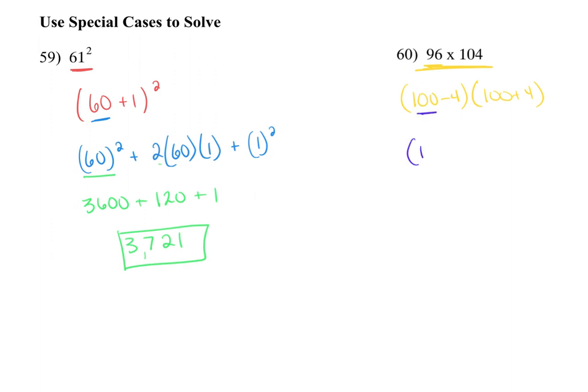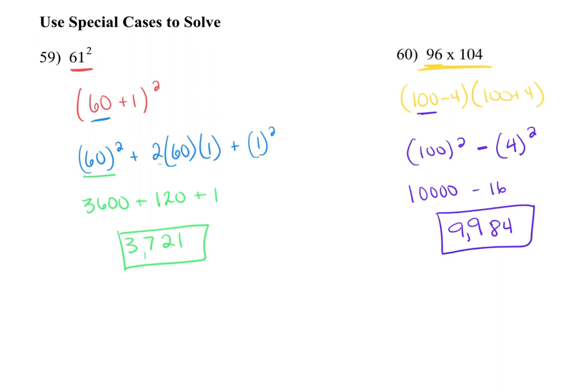The first one squared, always minus the second one squared. All right? So if I square any power of 10, you're just going to double those zeros. So that's going to be 10,000. And then I'm going to subtract from 10,000, 16. So I'm going to get 9,984 as my answer there.